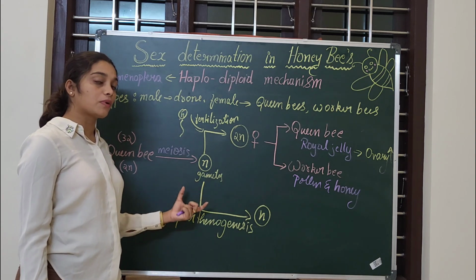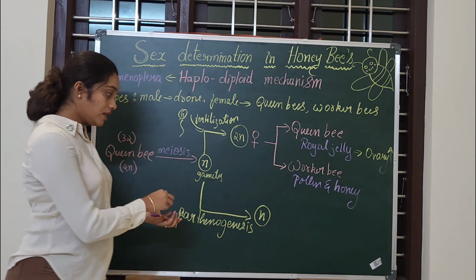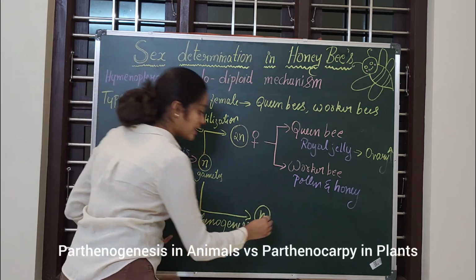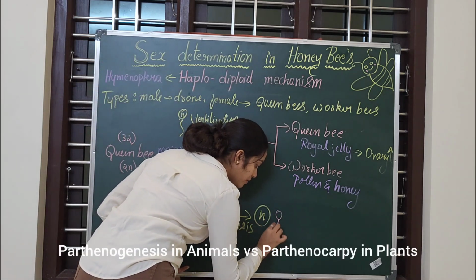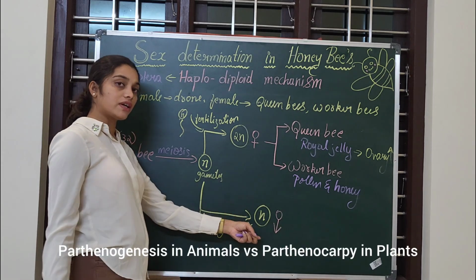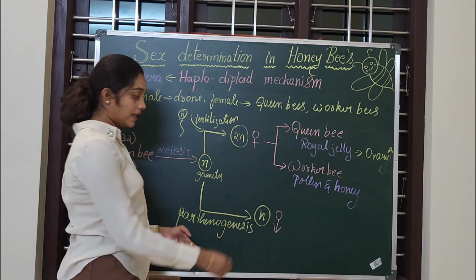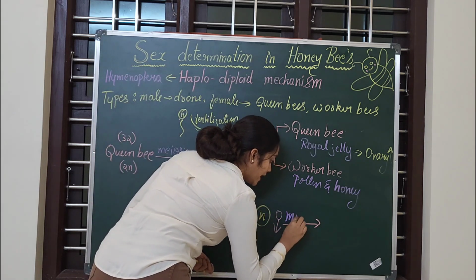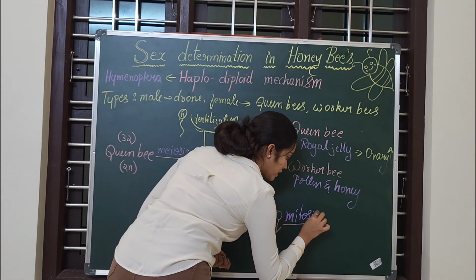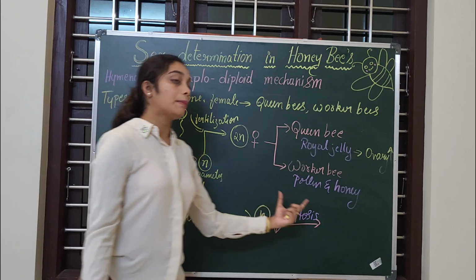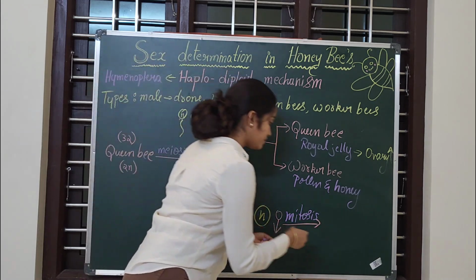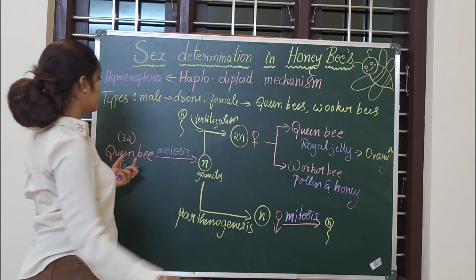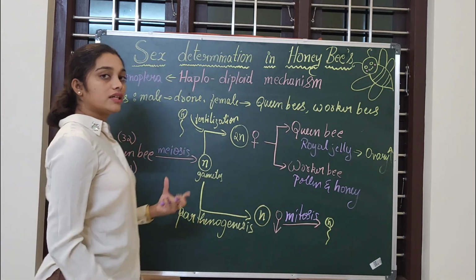There is no concept of fertilization over here. Now this haploid gamete which was unfertilized led to the formation of a male. Is this fertile? Yes, this is fertile. It can undergo the process of mitosis to form the sperm which can fertilize the queen bee in the further generation.